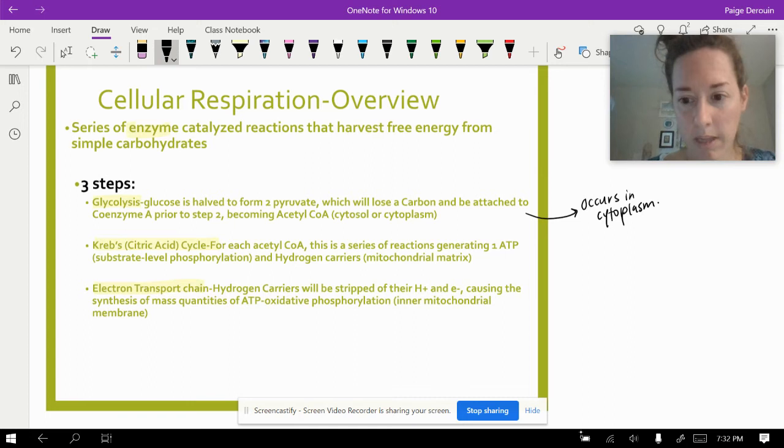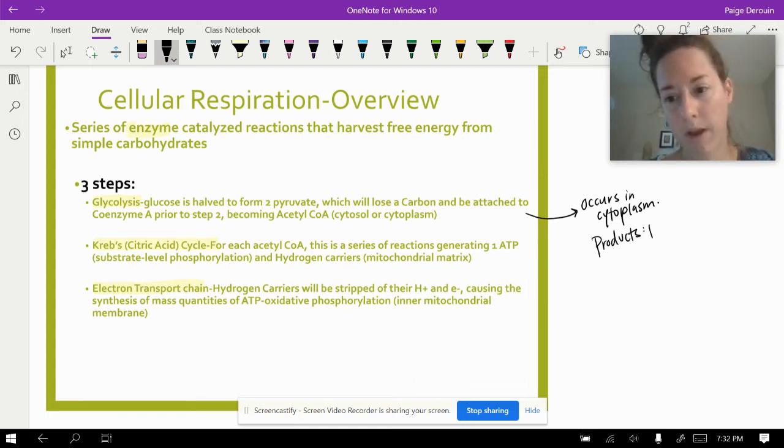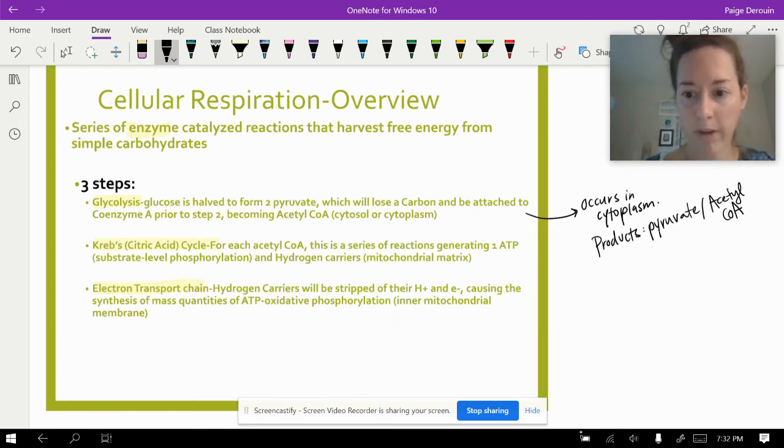So I'll just say that the products are pyruvate/acetyl-CoA. And the reactants, which I should have written first, but I didn't. Oh well. Reactants are glucose.